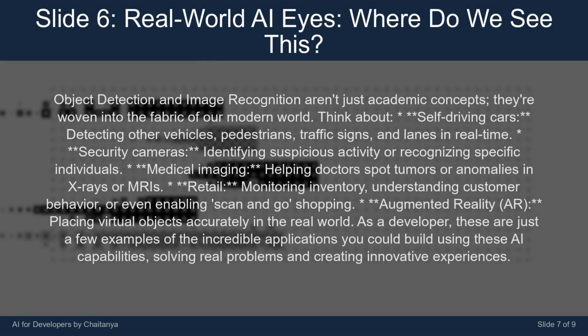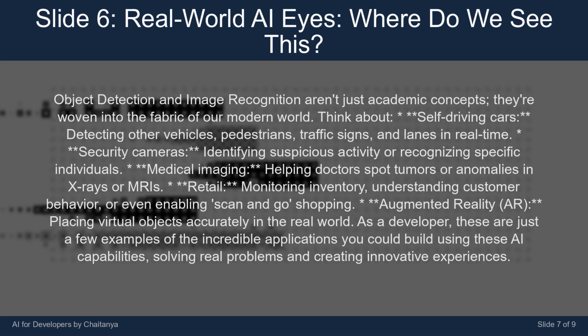Object detection and image recognition aren't just academic concepts. They're woven into the fabric of our modern world. Think about self-driving cars, detecting other vehicles, pedestrians, traffic signs, and lanes in real time; security cameras, identifying suspicious activity or recognizing specific individuals; medical imaging, helping doctors spot tumors or anomalies in X-rays or MRIs.